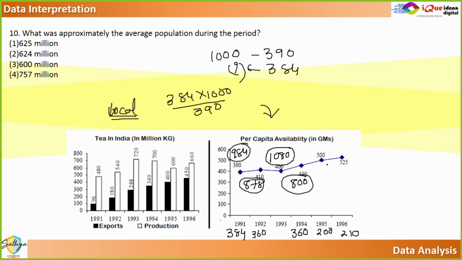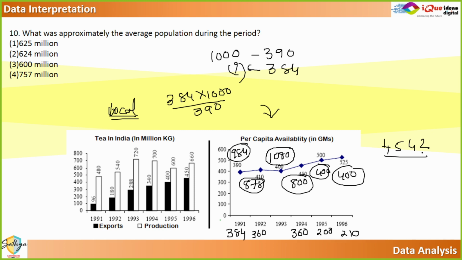For the next one, 40%, 400. And for the next one, it comes out to roughly 400. So if I add all these populations, 984 plus 878 plus 1080 plus 800 plus 400 plus 400, my figure comes out to roughly 4540.